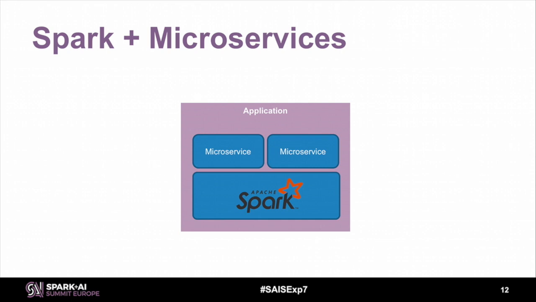But as you can see here, we have the Spark context and a couple of microservices, okay? But this implies that the Spark context service, let's say, allocates the executors on its own, and we have some microservices that are providing other functionality, but they are residing within the same YARN container.